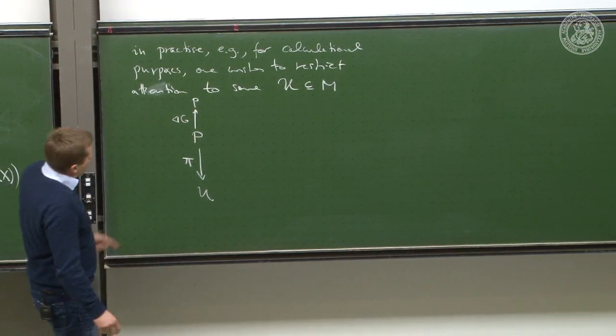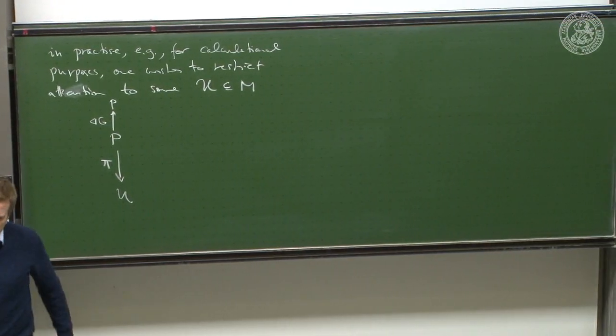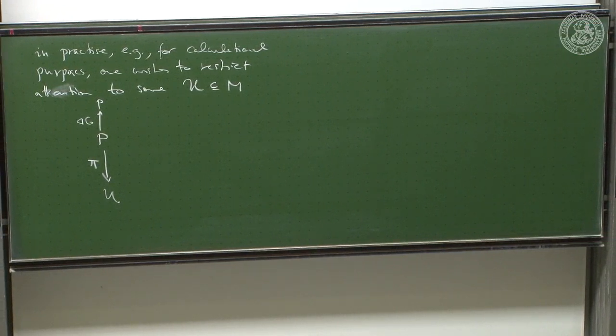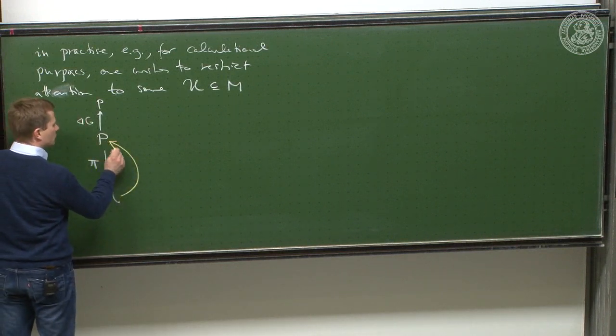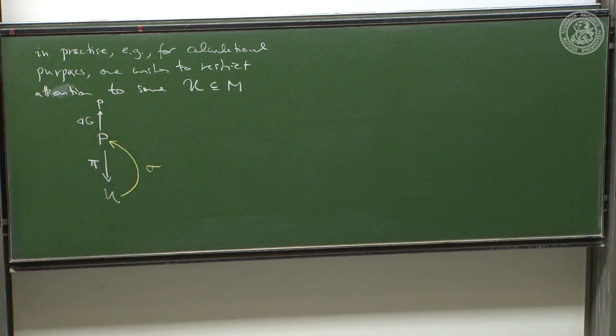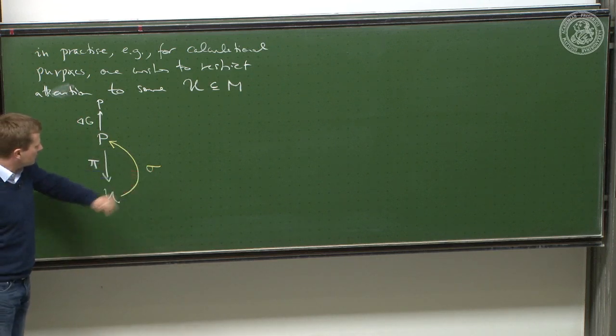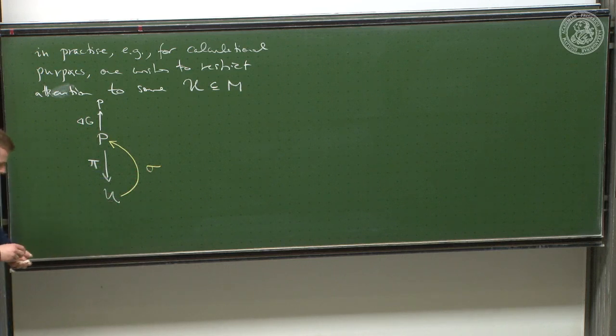Now, one thing we would like to do here, and I'll show you in a second a natural definition for something like this, we would like to choose a section of this principal bundle, which we call sigma, on this local patch.